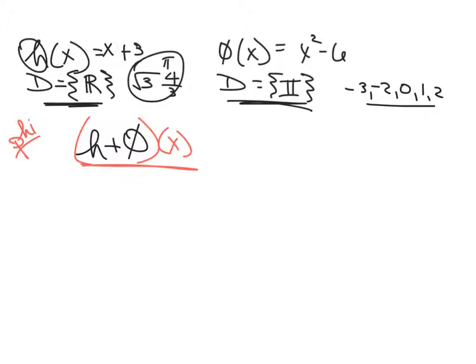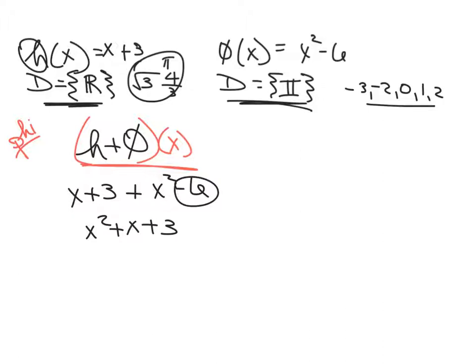So how do I add these two? Like I say, there's two ways. I can go x plus 3, which is my h, and then I can do my x squared minus 6, which is my phi. So I've got x cubed, or I'm sorry, not x cubed, x squared plus x plus 3.